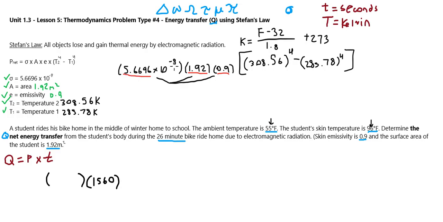So let's see. 5.6696 times 1.92 times 0.9, and we get 9.7, oh wait, no, that would actually round to 9.8 times 10 to the negative 8th.